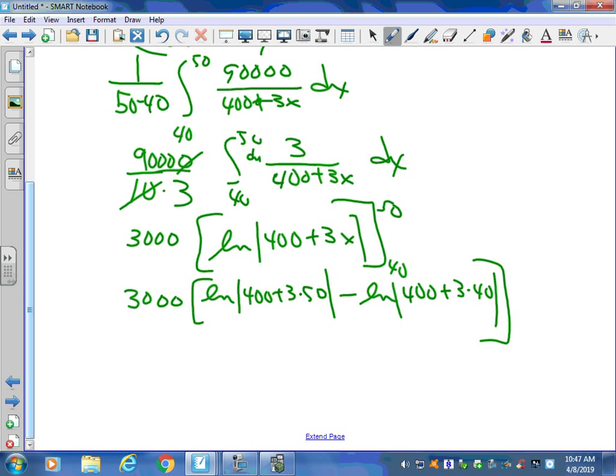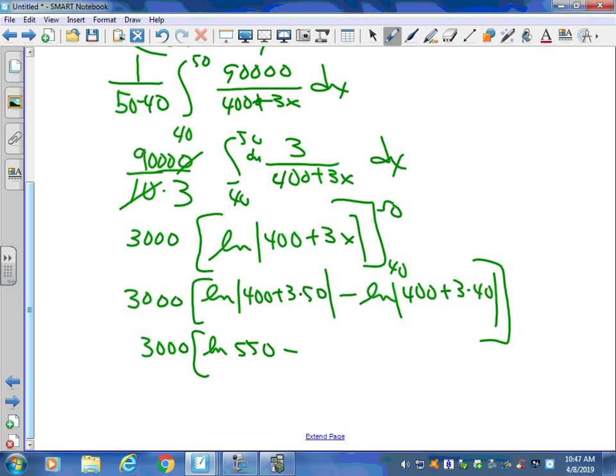Now this is where having a calculator would be very handy, because you could type all that in at one time, although we could do this little bit of this math and save a little bit on the calculator, because 3 times 50 is 150, and 150 plus that would be 550, and we don't even need the absolute value bars anymore because it's come out positive.